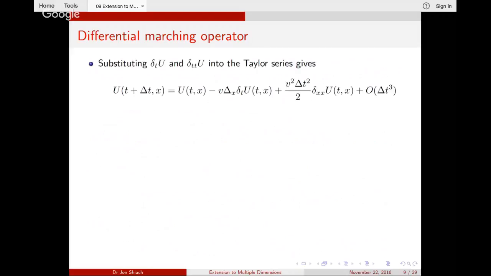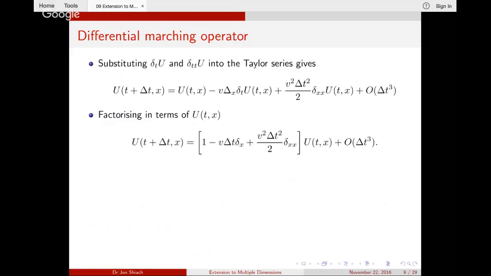So just a slight typo on the slide, but this is what I'm trying to show here. That should be big delta T, little delta_x. And that should be big delta T squared over 2, little delta_x double derivative. So there's a slight typo on there, but it's okay in your notes. So just ignore that first line.